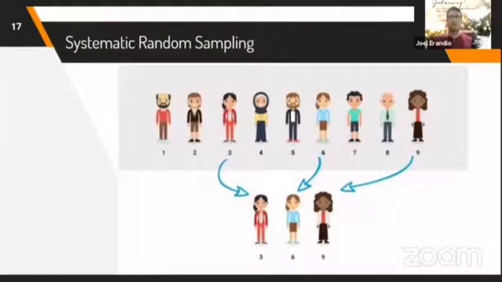Meron pong ginagawa yung sorting, usually sorting according to names, age, or nationality, whatsoever. So first you apply the sorting and then you select the Kth member. How are we going to select every third, every second, every fourth? There is also another consideration to compute the value of your K, so that it will be your guide to select whether it is the second, the third, the fourth, and so on.